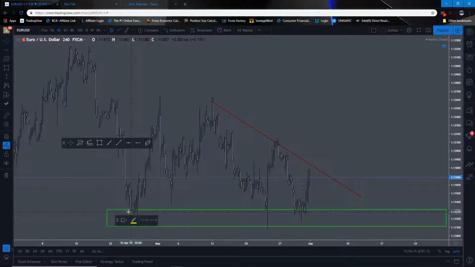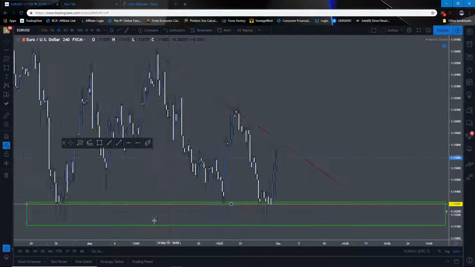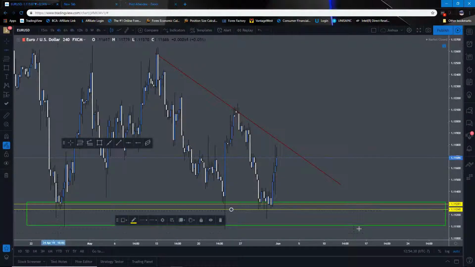Our floor is going to be the start here, and then it would end here, like so. That would be my area of entry, preferably.